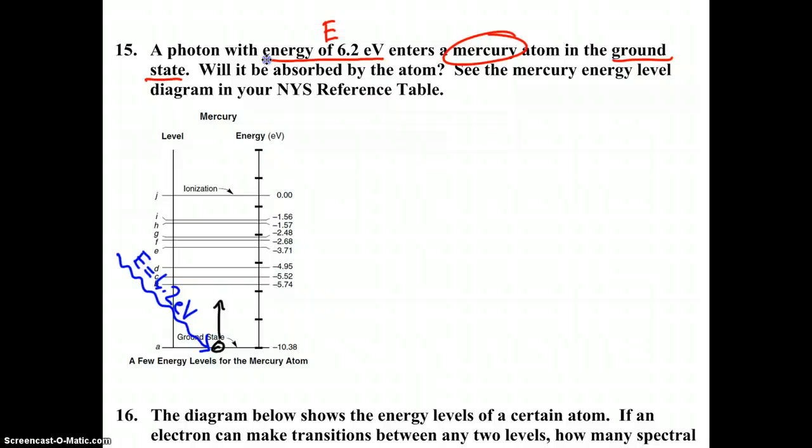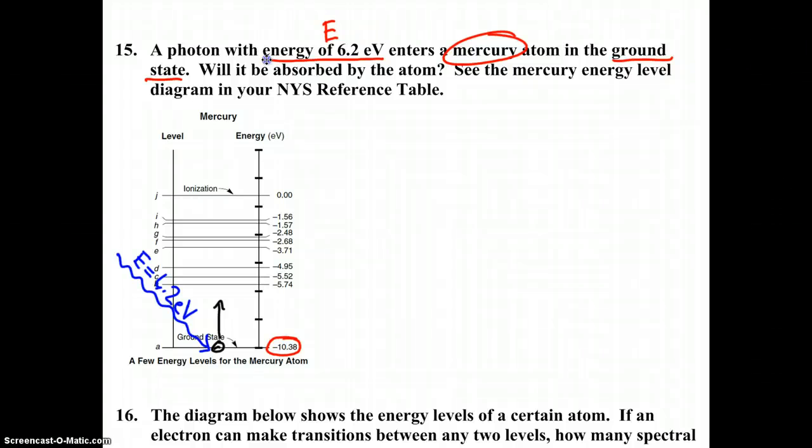Okay? So let's start with this. Is the 6.2 electron volts enough to ionize the electron in the ground state? And the answer is clearly no. That 10.38 electron volts right there is the ionization of the mercury atom in the ground state. 6.2 is not enough.